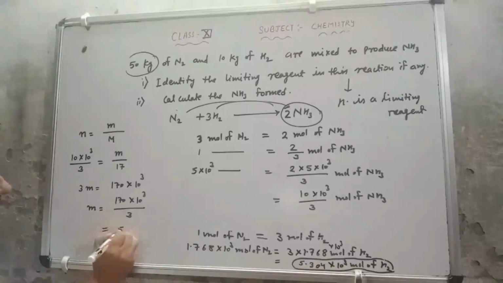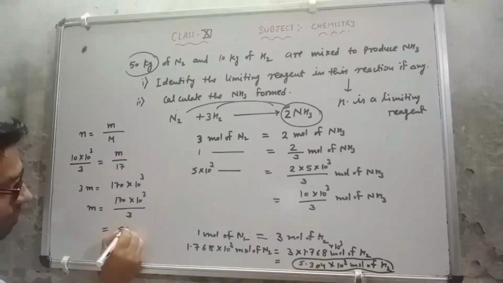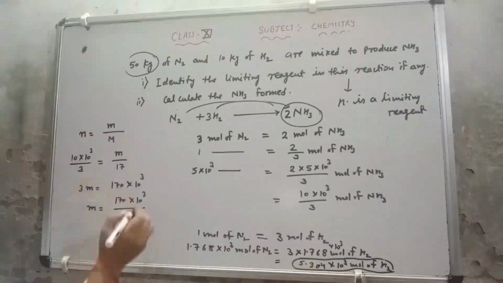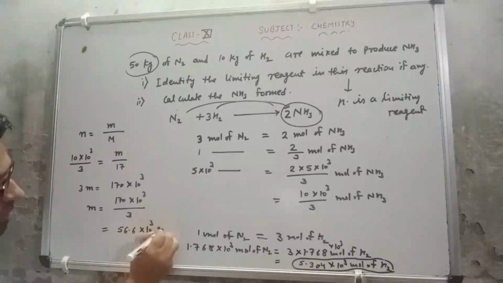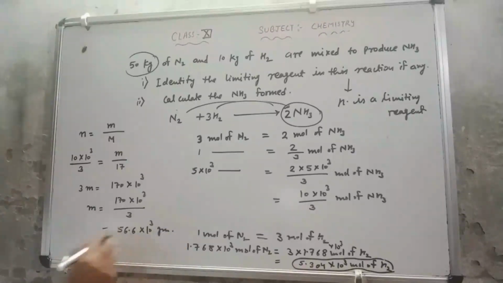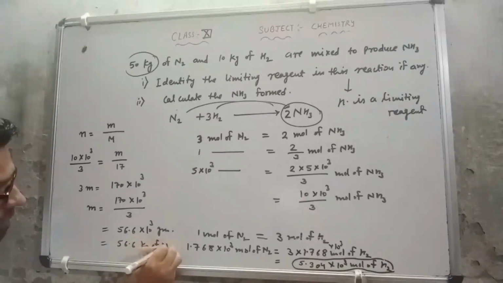Solve it. 3 5s are 15. 2 is left, 0. 3 6 are 18. Point again 2 is left, 3 6 are 18. Into 10 raised to the power 3 gram of ammonia will form, or I can say that 56.6 kilogram of NH3 will form.